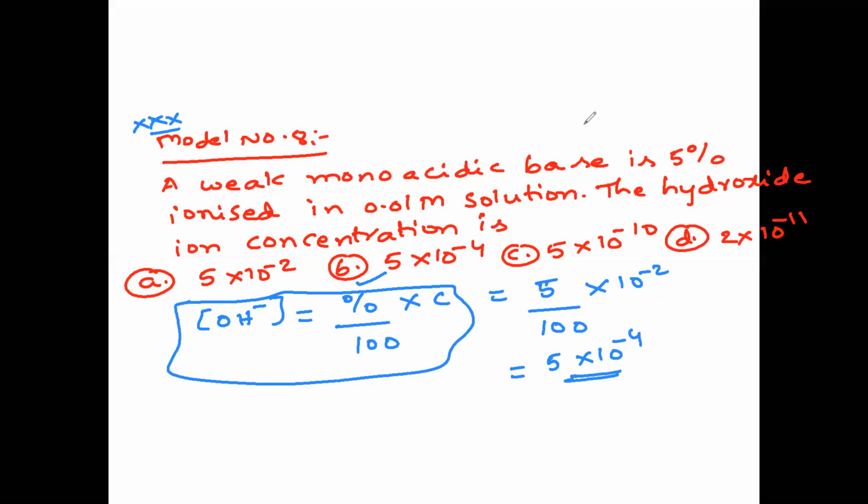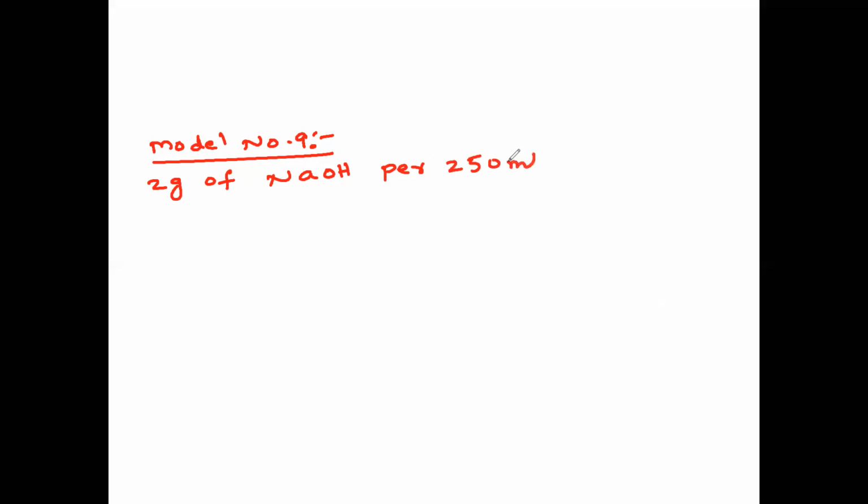Next question, model number 9. Because in pH, so many formulas are there, that's why I'm giving you model number 9. 2 grams of sodium hydroxide per 250 ml of solution is added to a buffer solution.